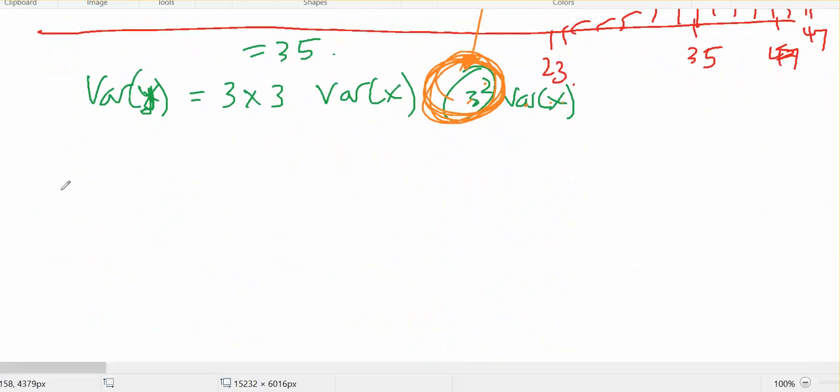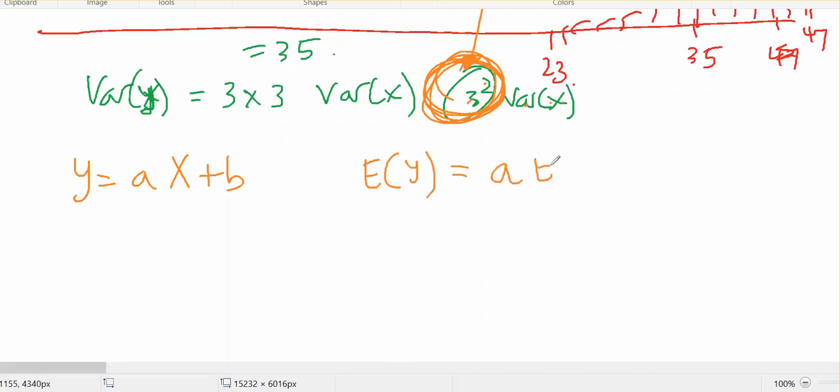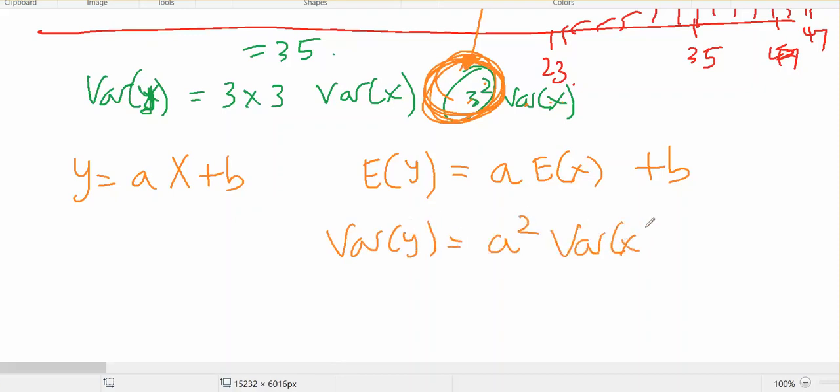So if y equals a times x plus b, then I'd expect the expectation of y to be a times the expectation of x plus a value b. The b is a translation, we just add it afterwards. The variation of y will be a squared times the variation of x.